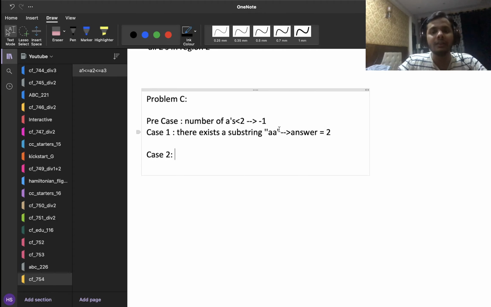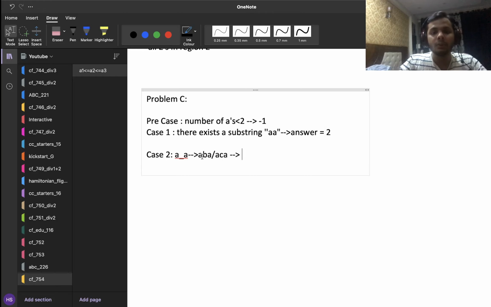So the case 1 is that there exists a substring of the form AA for which the answer will always be 2. Now with that done, I know that there is no string AA, so there are no contiguous occurrences of 2 A's together. So naturally, one thing which I want to look at is that there can be some A and something in between that and another A. So this can be either ABA or ACA.